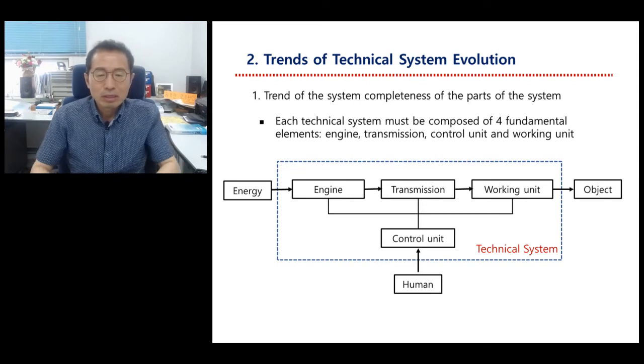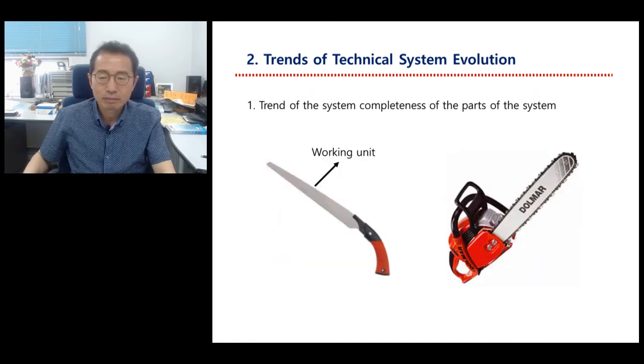So technical systems develop toward completeness of the parts of the system, combined with the engine, transmission, working unit, and control unit. In the next slide we can see an example.